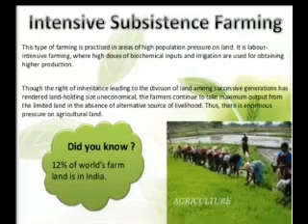Though the right of inheritance, leading to the division of land among successive generations, has rendered landholding size uneconomical, the farmers continue to take maximum output from the limited land in the absence of alternative sources of livelihood. Thus, there is enormous pressure on agricultural land. Did you know 12% of the world's farm land is in India?